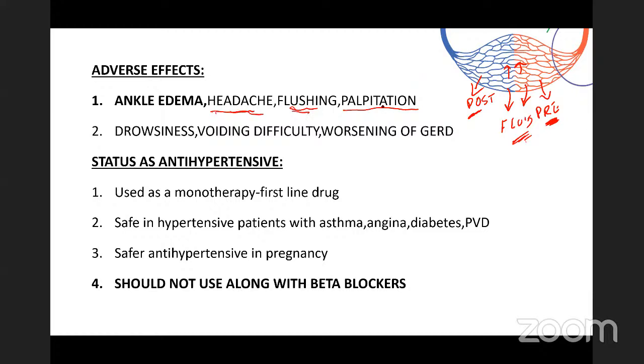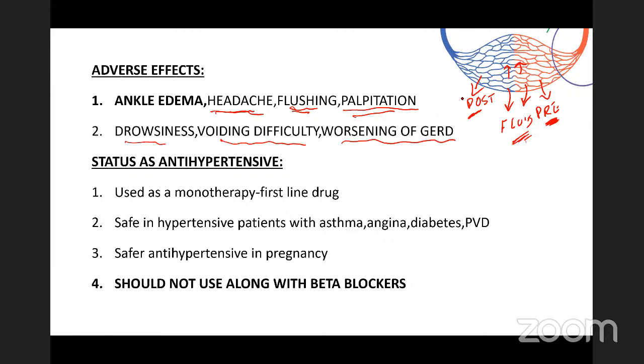Other side effects are drowsiness, voiding difficulty because of relaxation of the bladder, and also worsening of GERD, gastroesophageal reflux disease, because it causes relaxation of the lower esophageal sphincter, so there will be reflux of the gastric contents into the esophagus, which leads to worsening of GERD.